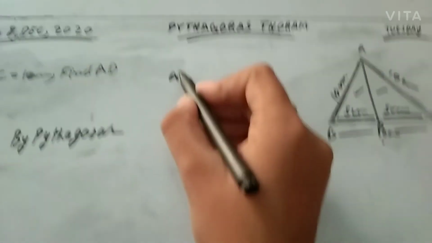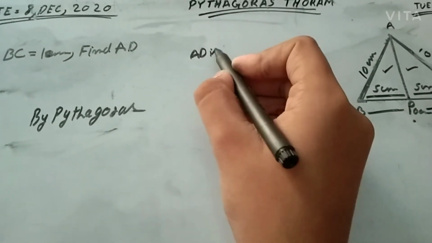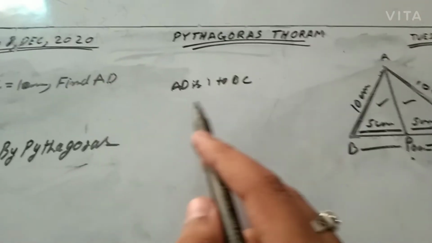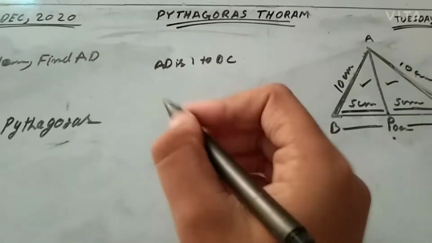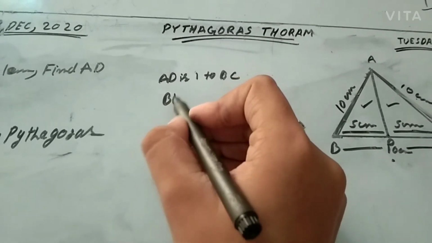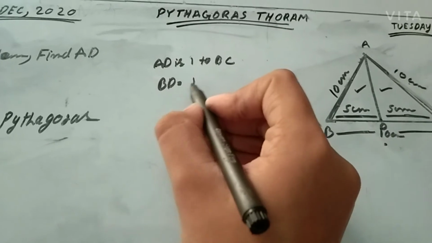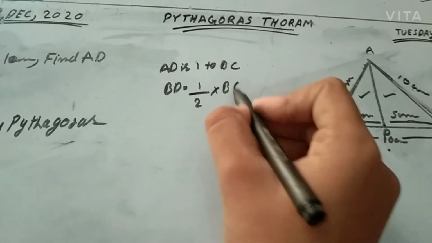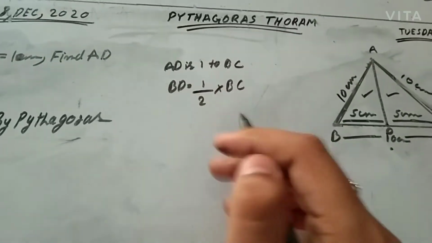So for that, AD is perpendicular to BC, because here in the question this is at one place of decimal. So AD is perpendicular to BC, so we will write BD equals to 1 by 2 into BC, as the formula of triangle half into base into height.